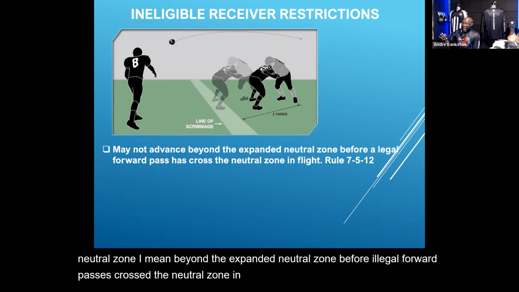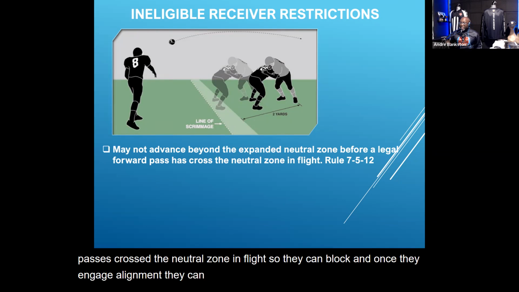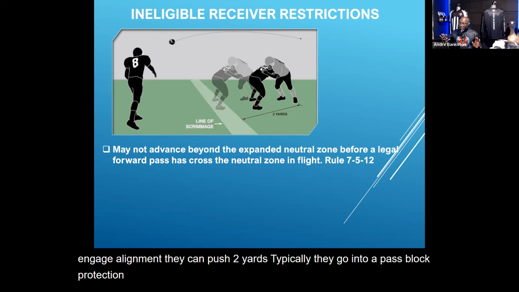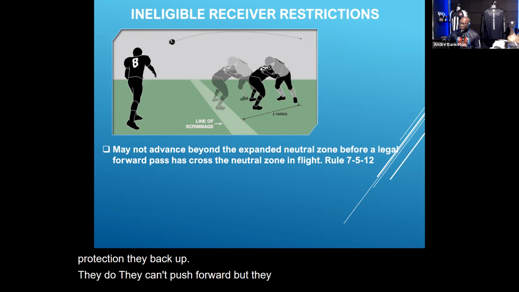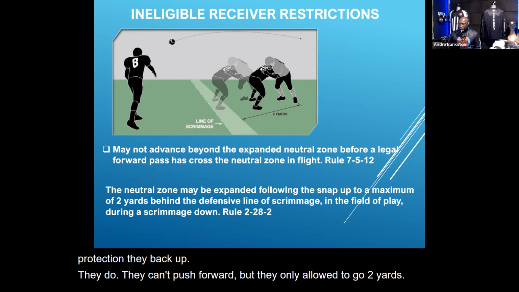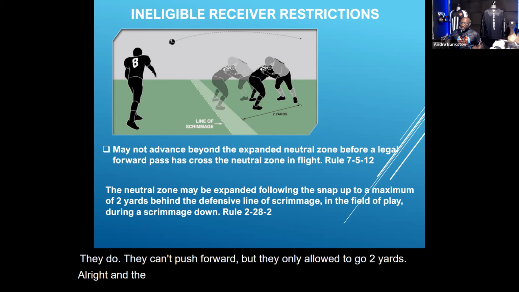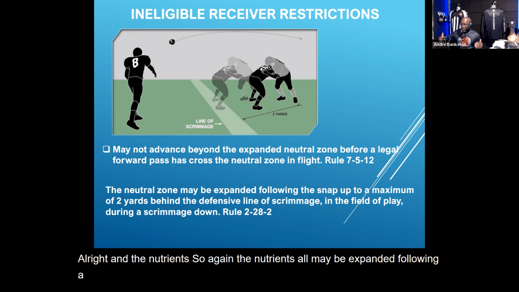So they can block, and once they engage, they can push 2 yards. Typically, they go into pass block protection. They back up. They can push forward, but they're only allowed to go 2 yards. And again, the neutral zone may be expanded following a snap up to a maximum of 2 yards behind the defensive line of scrimmage in the field of play during a scrimmage down.